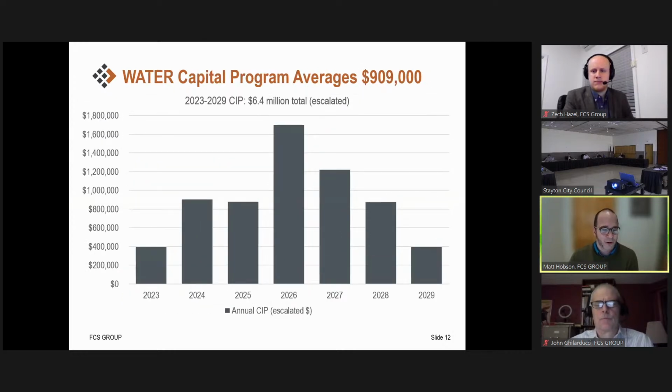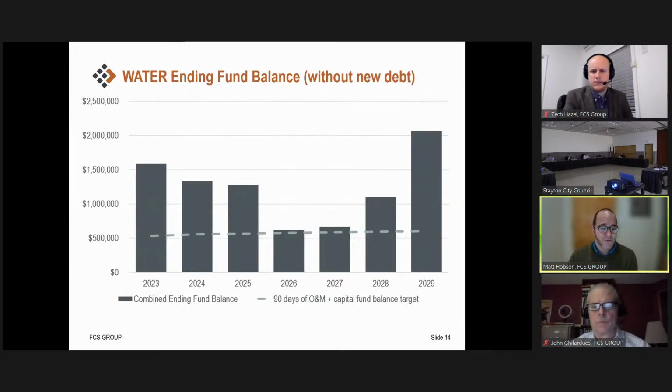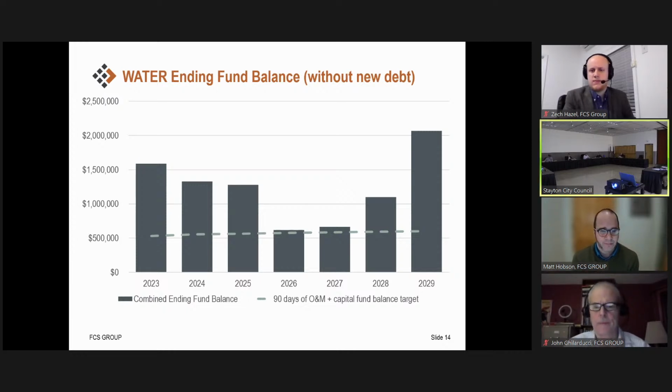So funding this capital program, meeting our operating expenses, and maintaining our fund balances would require that 9.75% increase per year. And this graph represents doing those actions. Okay. And what do you mean by without new debt? So this would be increasing our rates and not, when would you take on new debt if you were doing capital projects per se?